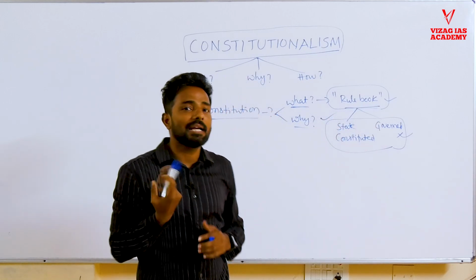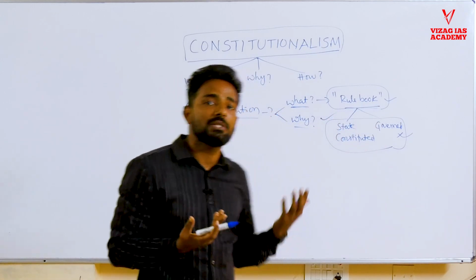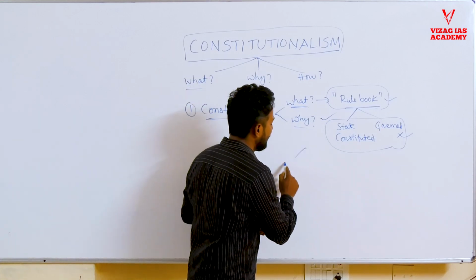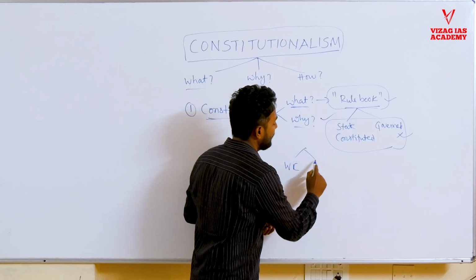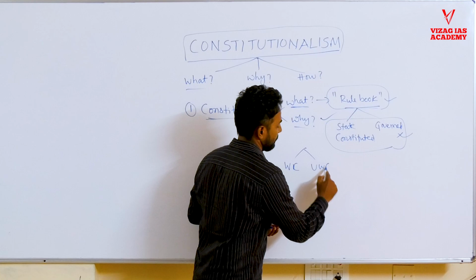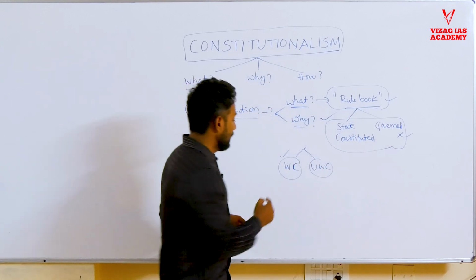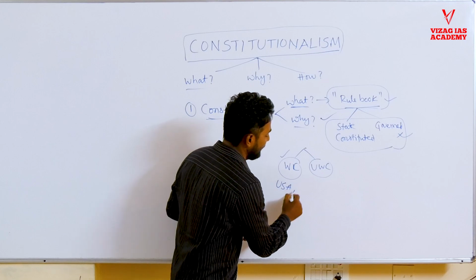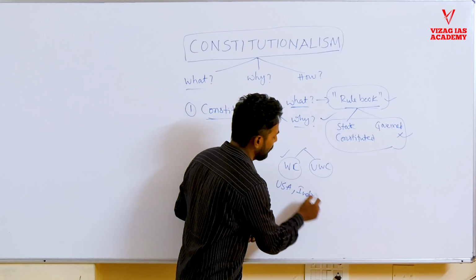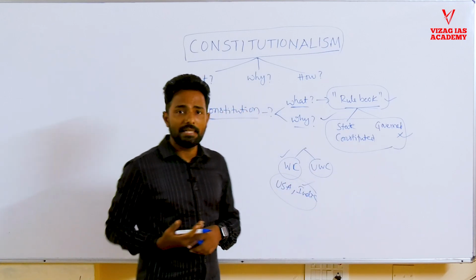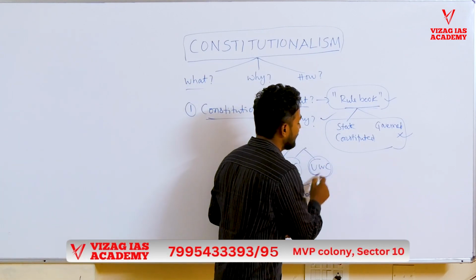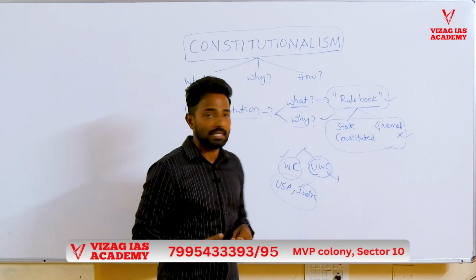You may ask, certain countries do not have a book, because constitutions the world over are of two types: written constitutions and unwritten constitutions. Like in the USA and India's case, we have a written constitution. Most of the world's constitutions are written constitutions. In certain countries there are no written constitutions.